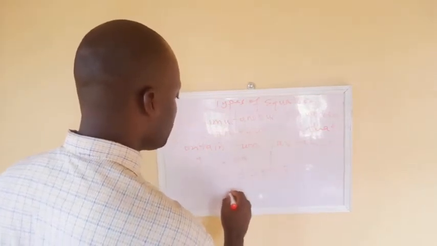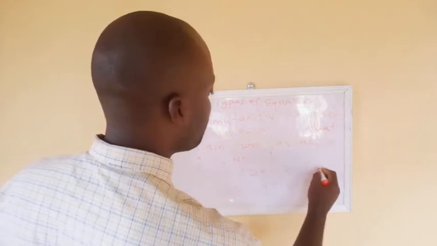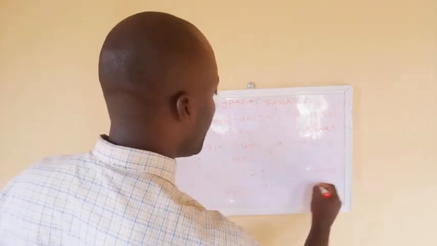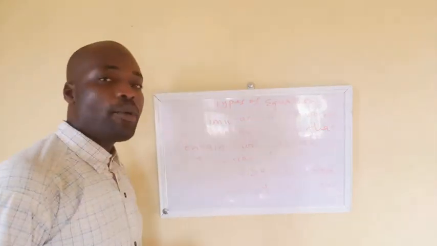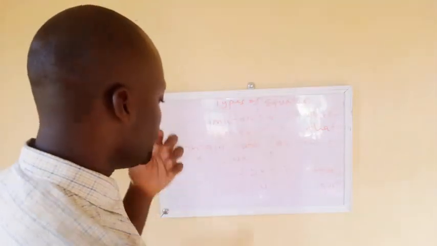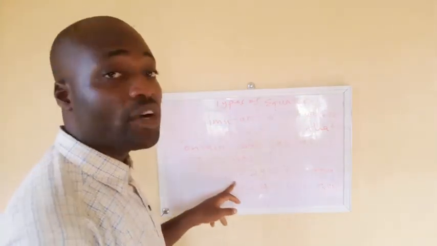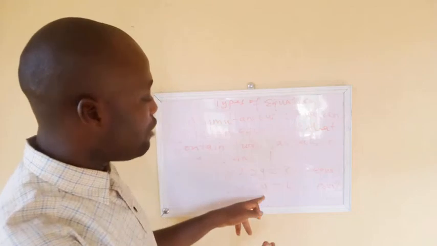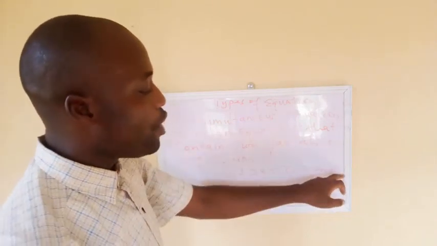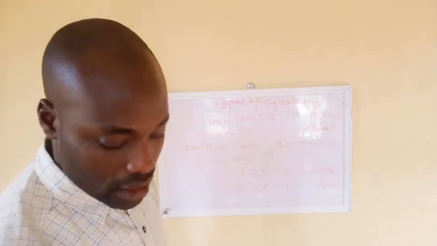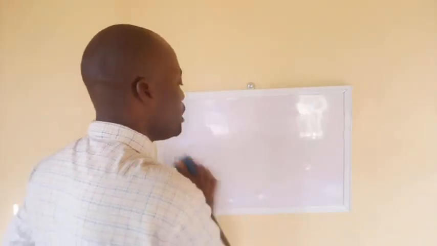Then 2x plus y equal to 4. We name this equation 1. Then we add this to be equation 2. So this type of situation is a simultaneous equation because we have two unknowns. We have to look for the value of x and we also have to look for the value of y. So we call it equation 1, then equation 2. So we are going to look at one example.